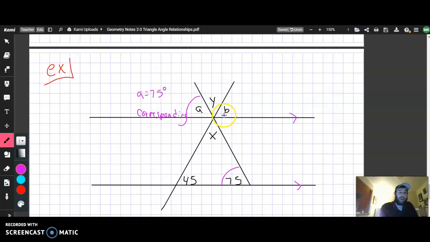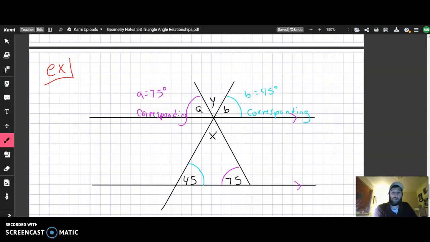Let's go ahead and take a look at angle B. You may already notice the pattern here, that B and 45 also have that very similar relationship. They're both in that top right-hand corner. So on those parallel lines, B is also corresponding. And because corresponding angles are congruent, B is equal to 45 degrees.